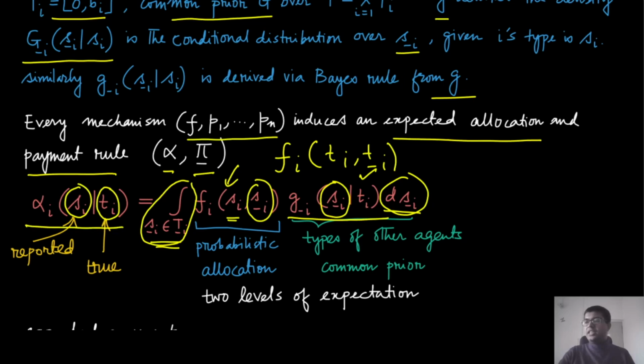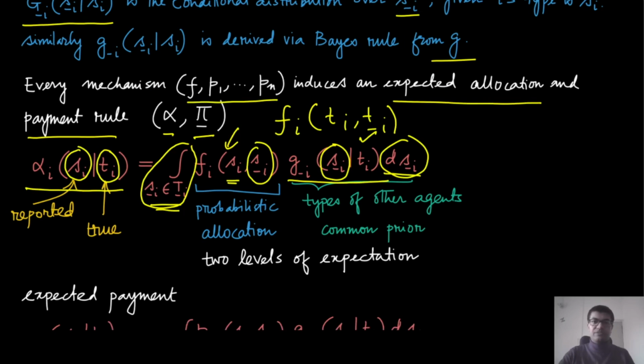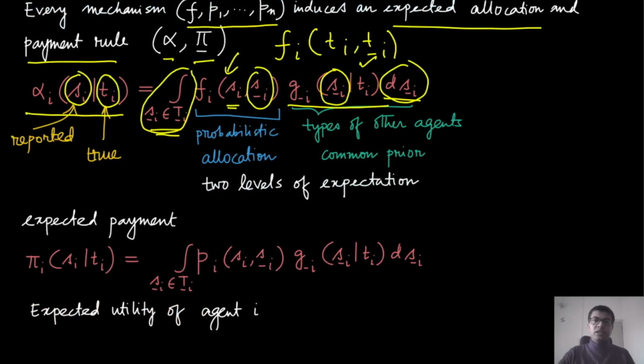Player i does not deterministically know what is going to happen, but it has a belief that if it reports si when its true type is ti, this is the expected allocation. So this is the probabilistic allocation. We should remember that there are two levels of expectation here.